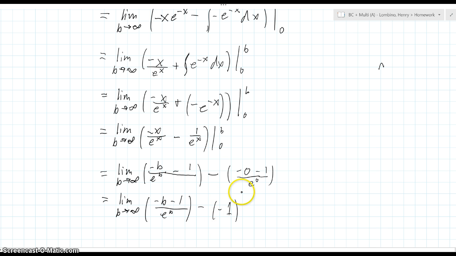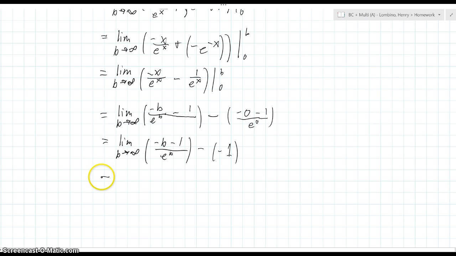So all together now, that equals limit as b approaches infinity of negative b minus 1 over e to the b plus 1.